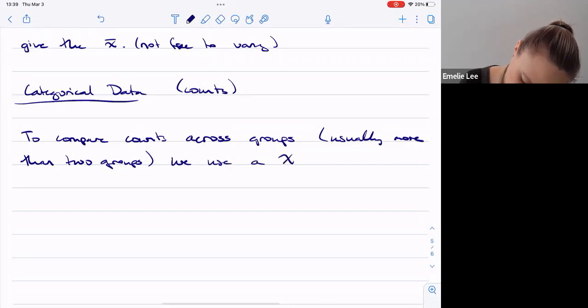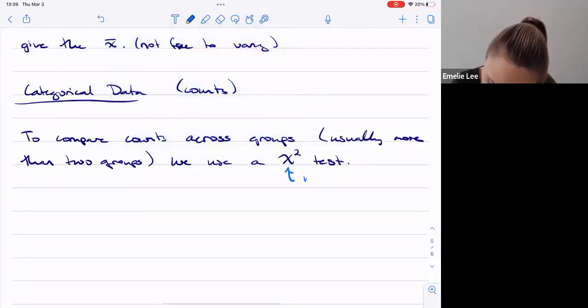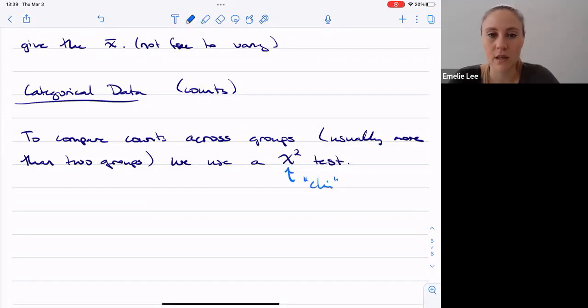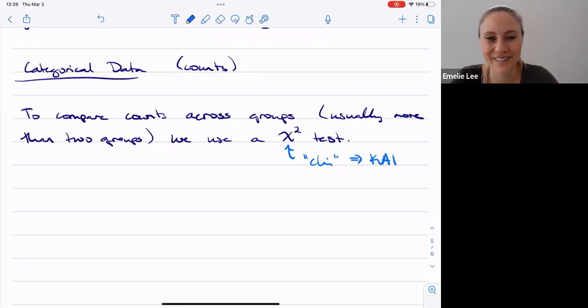Right, so this is the Greek letter chi, and it's spelled chi, but people will laugh at you if you say it wrong, so you have to say it like that. Otherwise, people will laugh at you, and I don't want that. It's a chi-squared test.